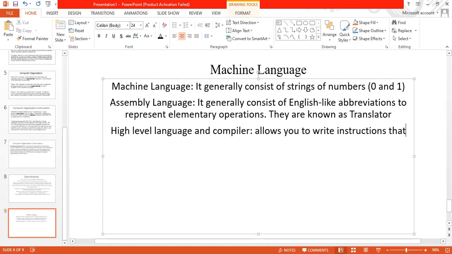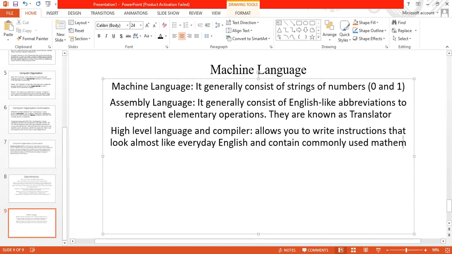Computer programs that look almost like everyday English and contain commonly used mathematical notations.